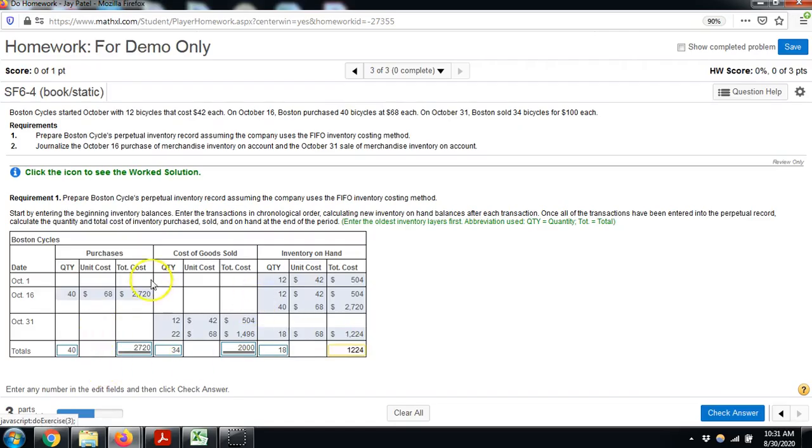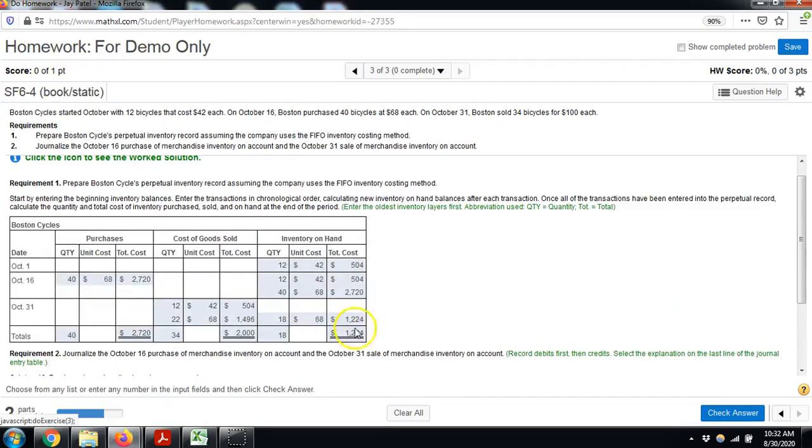You take the sum of this column, there's only one transaction here, and you take the sum of this column, and in this case there's these two elements. The inventory on hand is just the ending balance here. You do not take the sum because this is a running total. So you just take the ending.